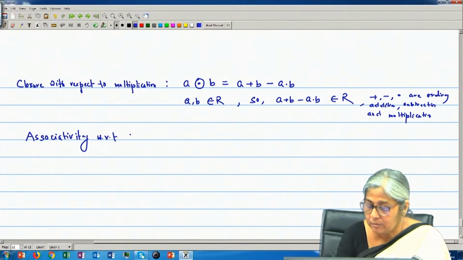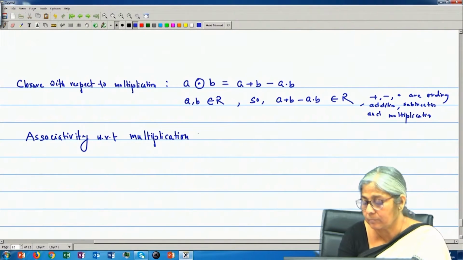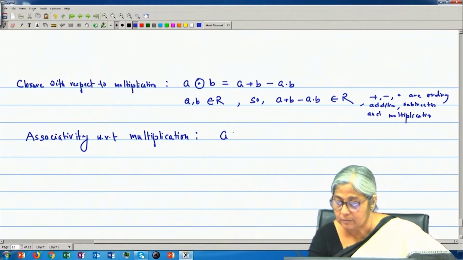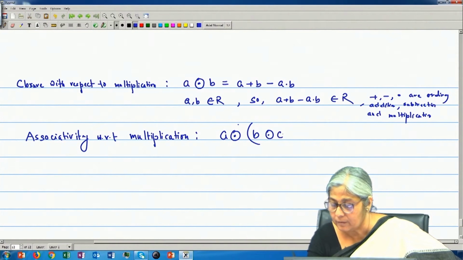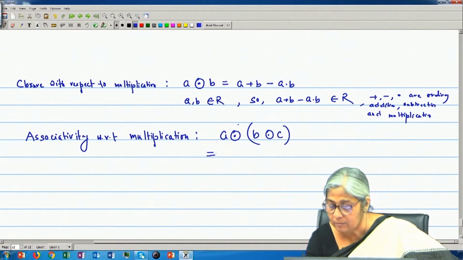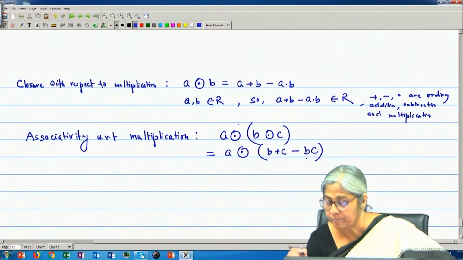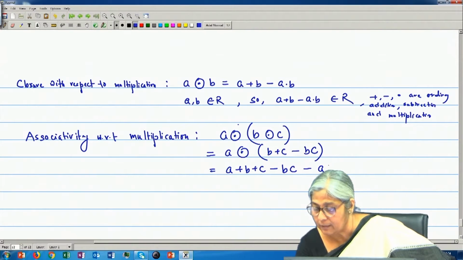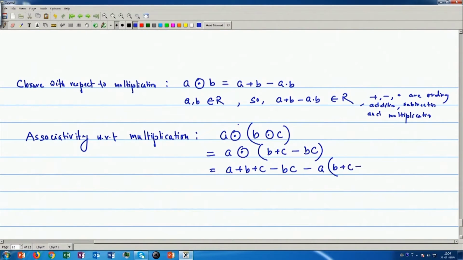So, we write A times (B times C), which is equal to A times (B plus C minus BC), equal to A plus B plus C minus BC minus A times (B plus C minus BC), the normal multiplication.